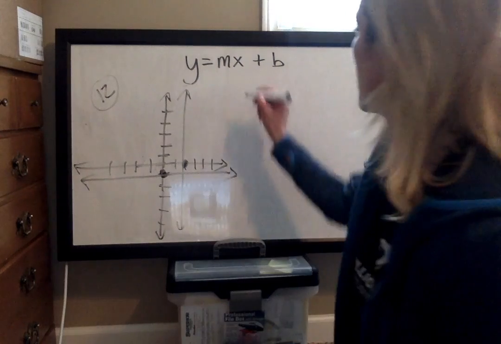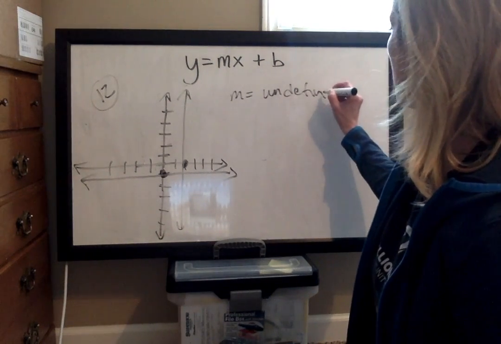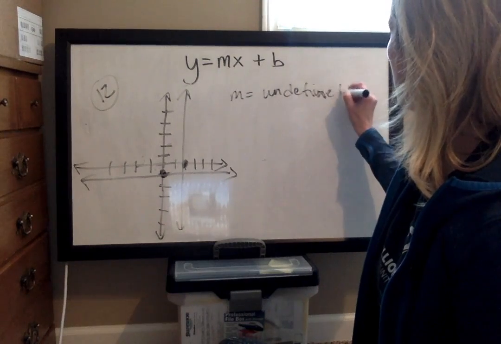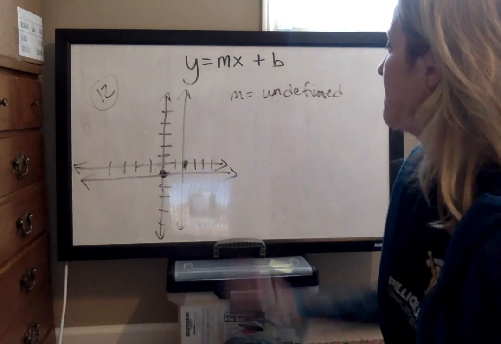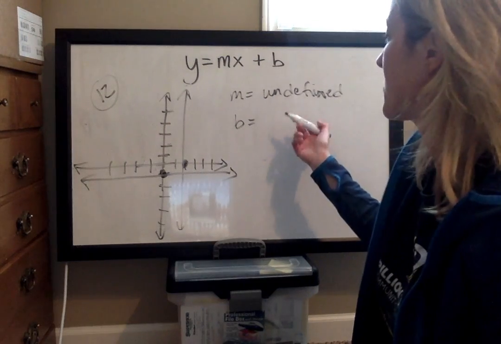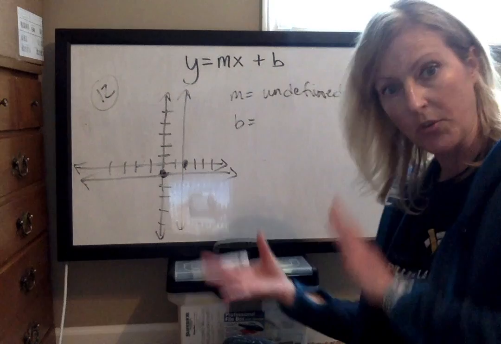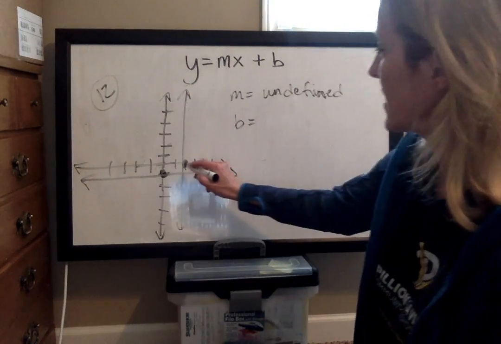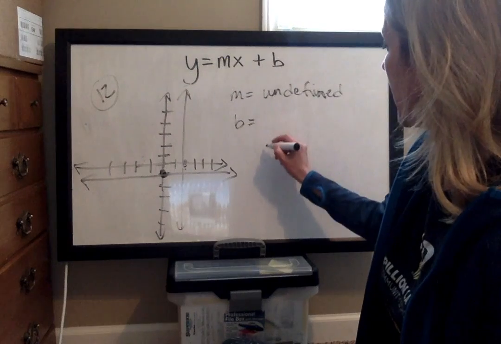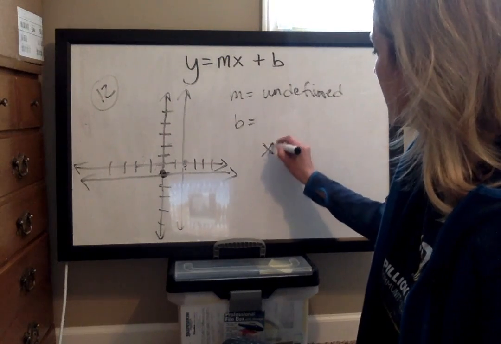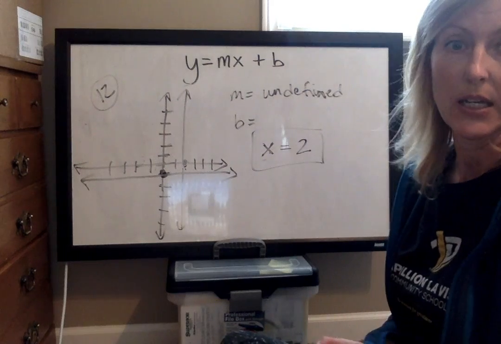The slope is undefined. There's no y-intercept. I don't know if you remember from last week, since it's going through the x-axis at 2, we would just write it as x equals 2. And that would be our answer.